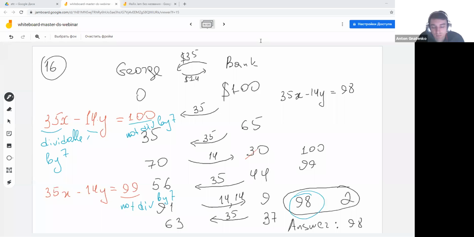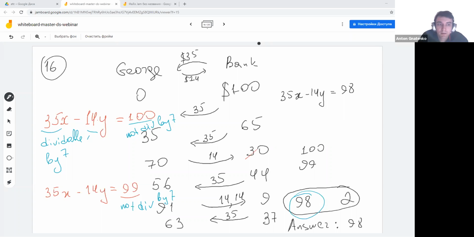Are there any questions about this problem? This is a bit more complicated than the previous. Why did you divide by 7? Well, I didn't really divide. I have noticed that this is divisible by 7.